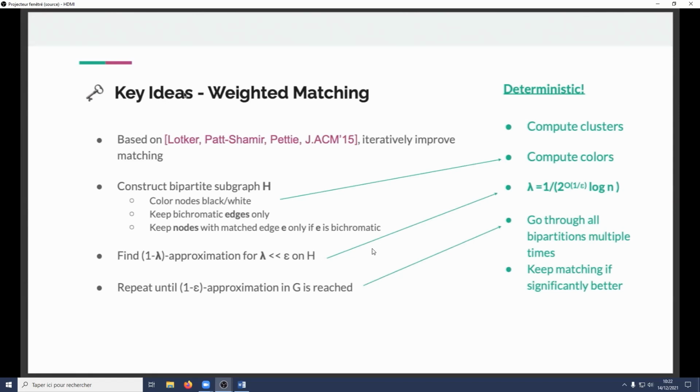But now, since we have clusters, we can compare our current matching with the previous matching, and we now just keep the matching if it's significantly better. And therefore, we are guaranteed to have progress. And we cannot run into the case that the new matching is worse than the one before, like we have in the randomized case. Yes, and this leads to an algorithm with running time polylog n times 2 to the O of 1/epsilon.